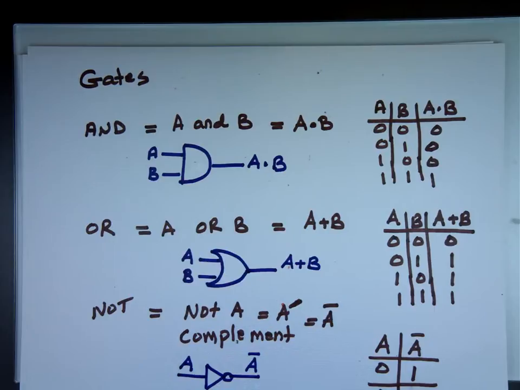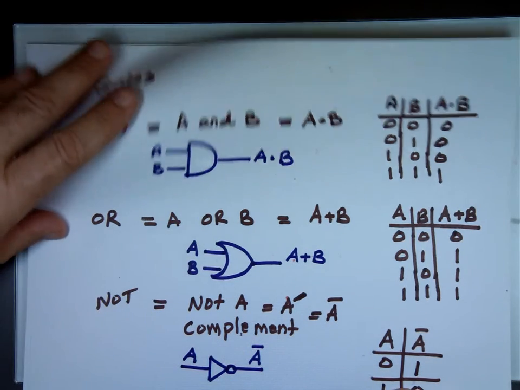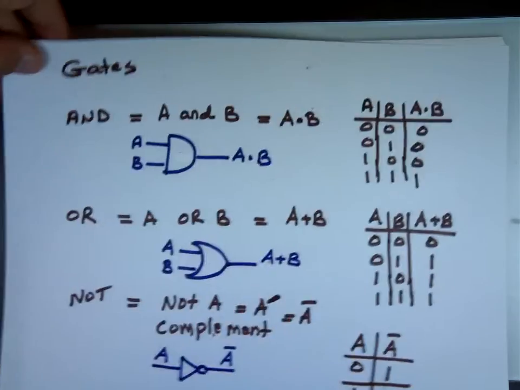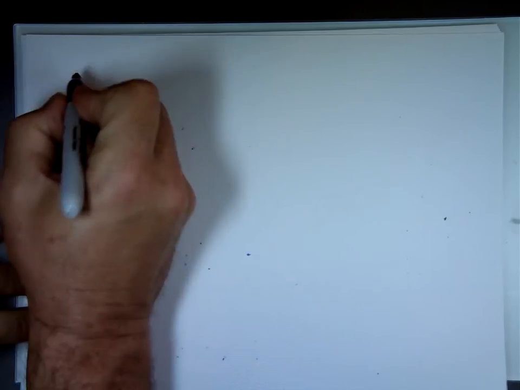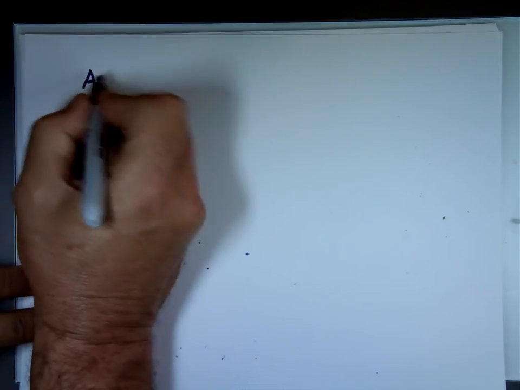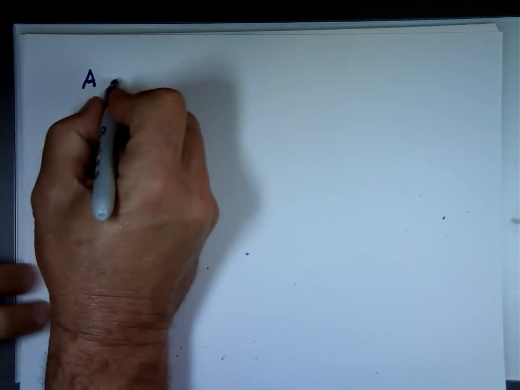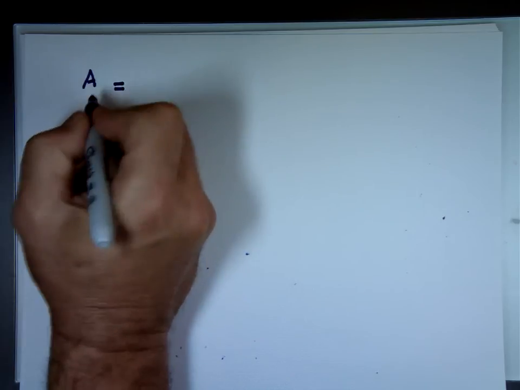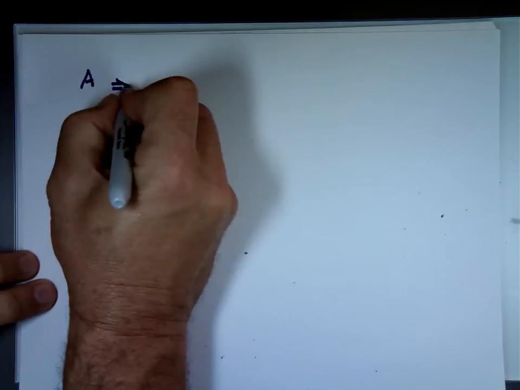Now, again, let me show you the difference between the AND versus the OR in just English. If I said to you to get an A in this class, maybe I shouldn't say this on video. Let me change what I was about to say. You have to have an average to get an A in this class.